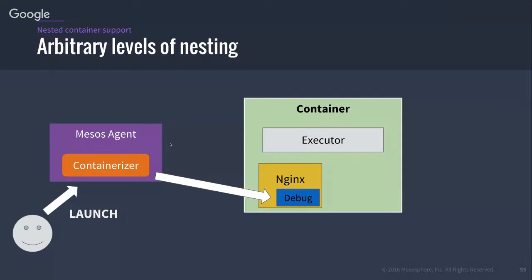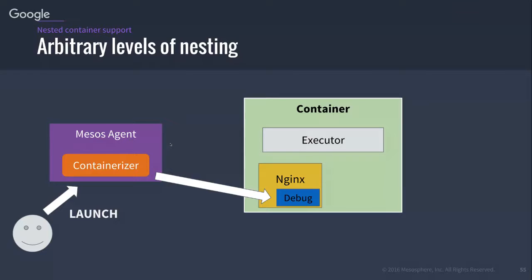I think it's up to the isolator to decide what the semantics of a nested container are. If you want custom logic, you can build your own PID namespace isolator based on the label of the container or something else, to decide what namespace you want to enter. Do you want a new PID namespace, or the same namespace because you want to do debugging, something like this. Cool.